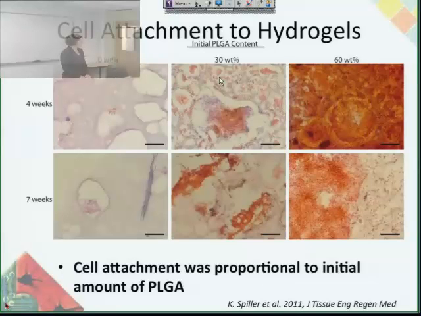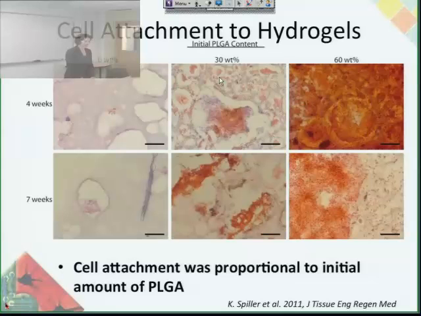Those are the only cells that I found after seeding like 500,000 chondrocytes. But when I added in PLGA, the cells could attach, and then they could produce proteoglycans in cartilage tissue. So I confirmed what lots of people have found, that cell attachment will not happen on a hydrophilic polymer network.